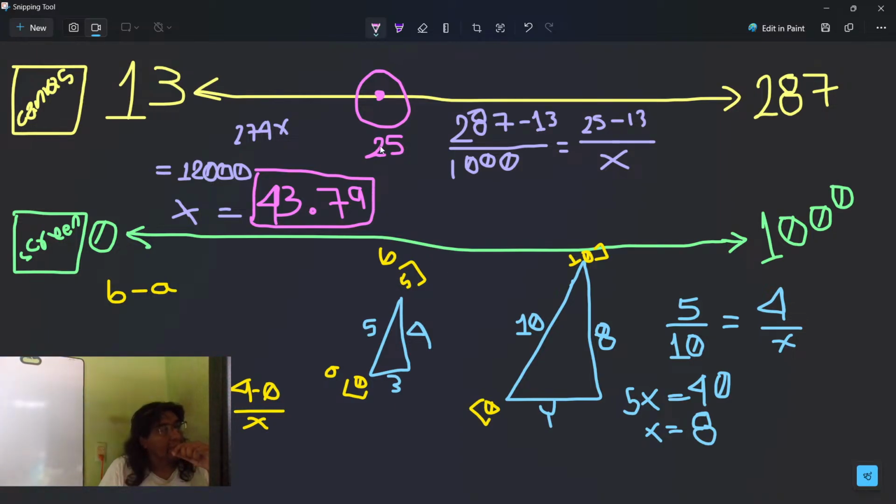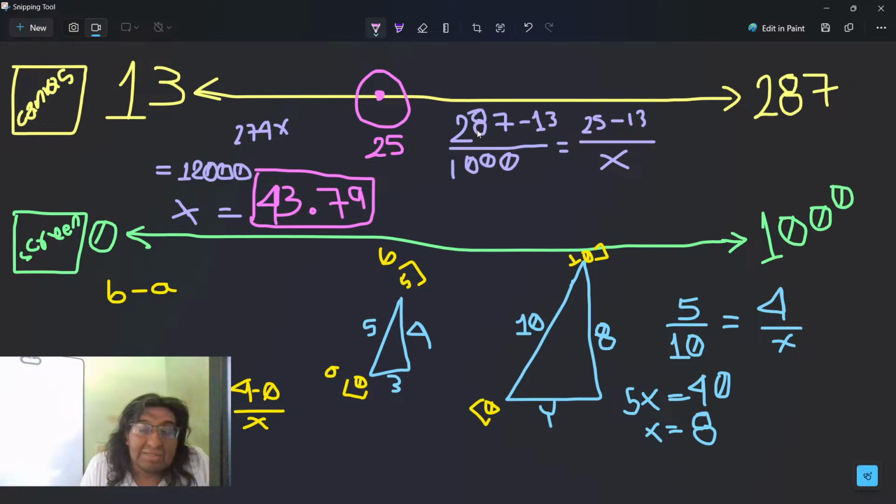13. 13 minus 13 is 0 times 1000. This is a good way to solve this problem also, because if this thing is 13, like this, 13 minus 13 is 0 times 1000 is 0.